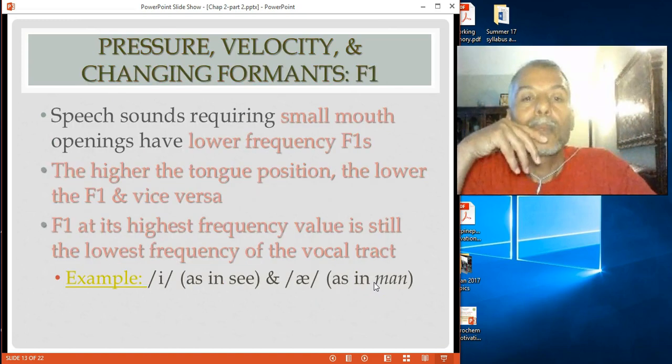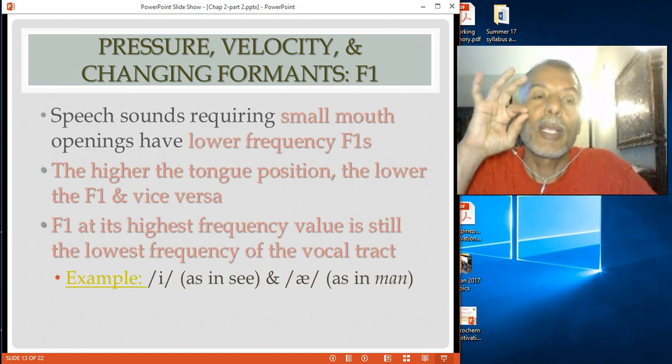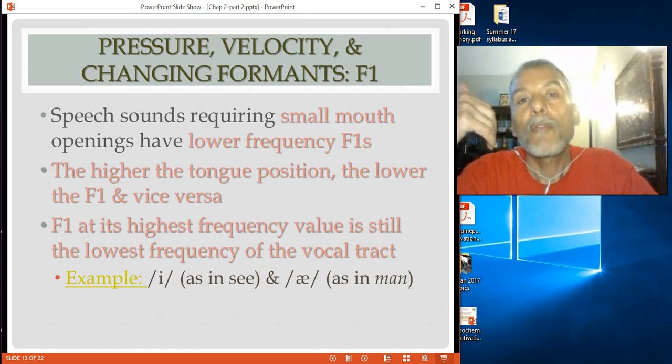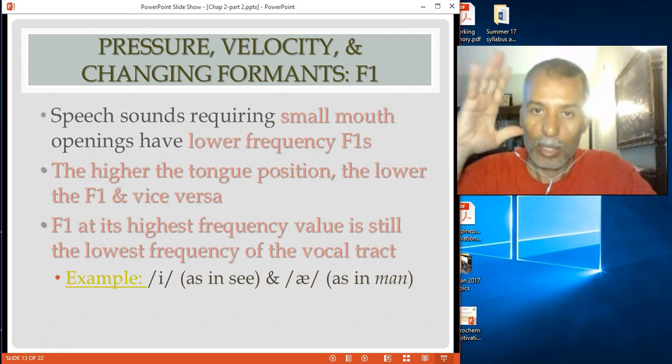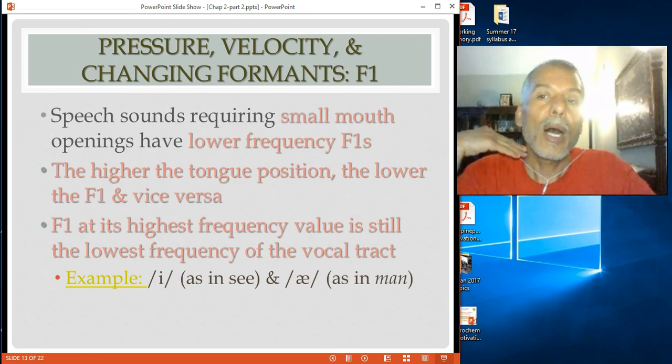So speech sounds that require a small mouth opening, like the front sounds, have a lower F1. The higher the tongue position in the oral cavity, the lower the F1, and the lower the tongue position, the higher the F1.